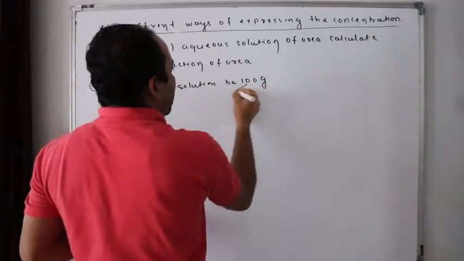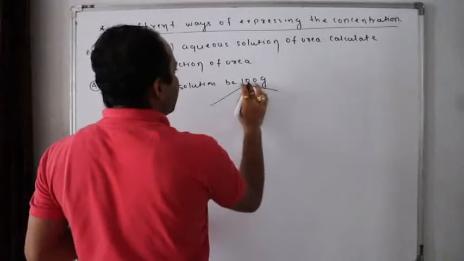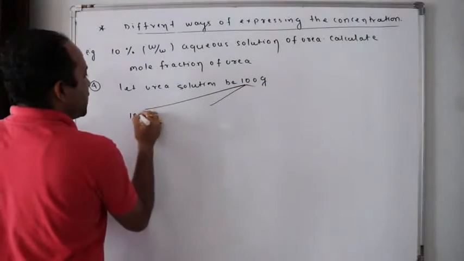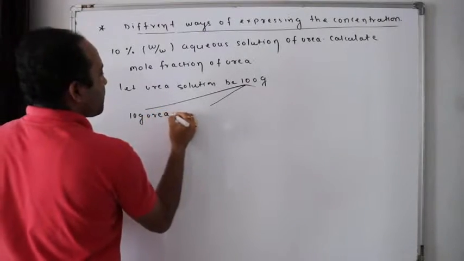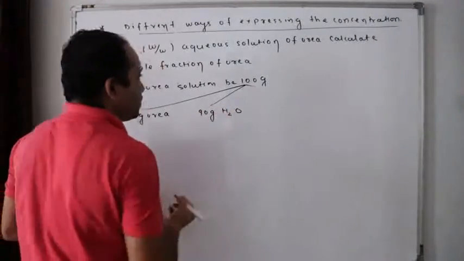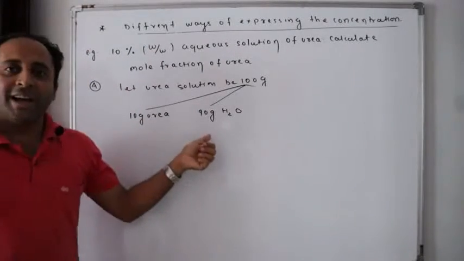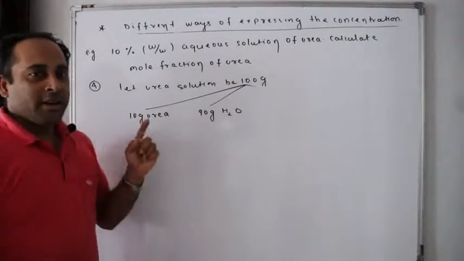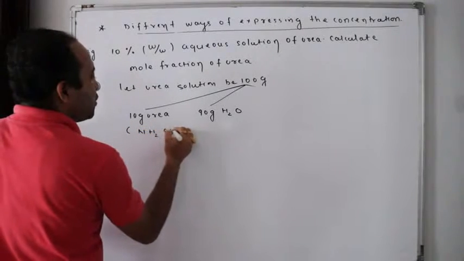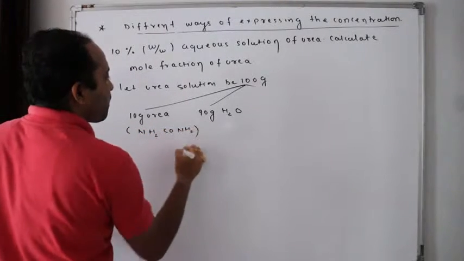That means out of 100, what do you have? 10 grams of urea and 90 grams of water. Aqueous solution, better. 10 grams of urea and 90 grams of water. Now, you know the formula of urea. It is NH2 CO NH2.